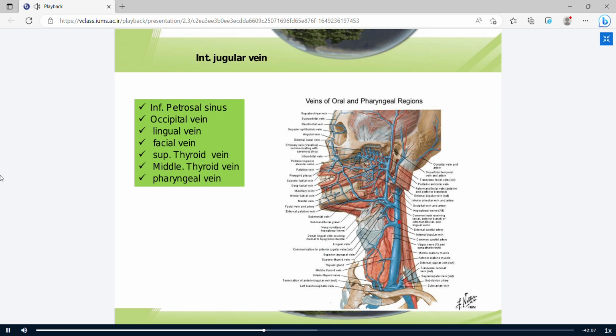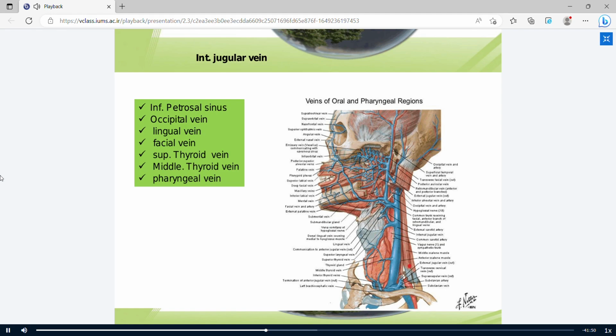This is the internal jugular vein. In this picture, you can see it receives blood from different veins of the face and neck.